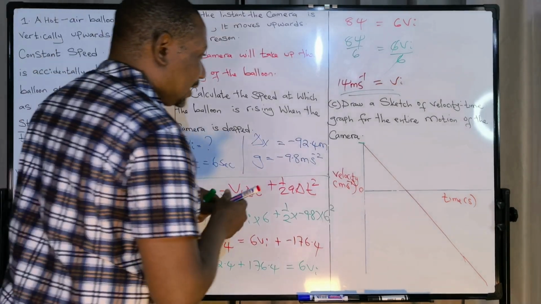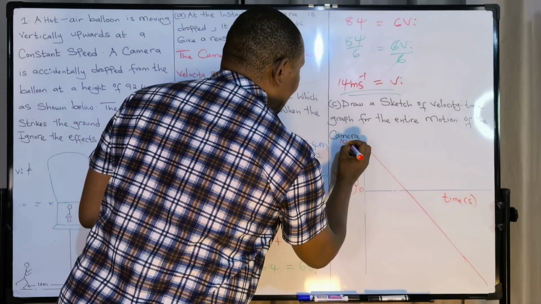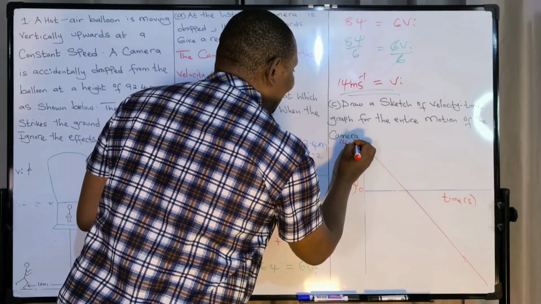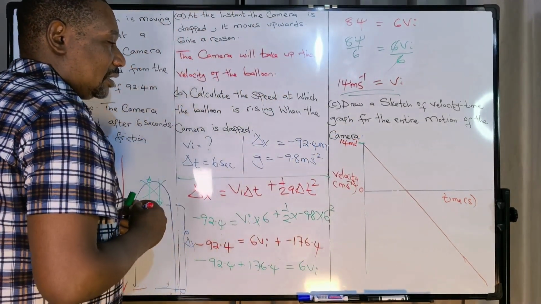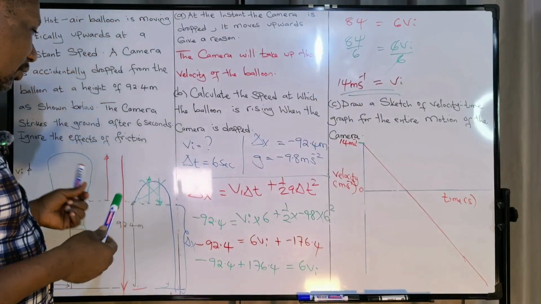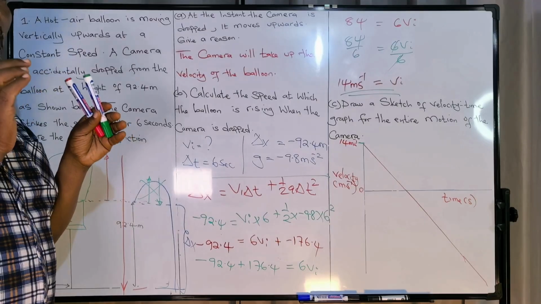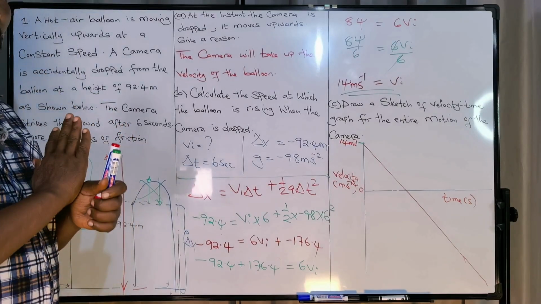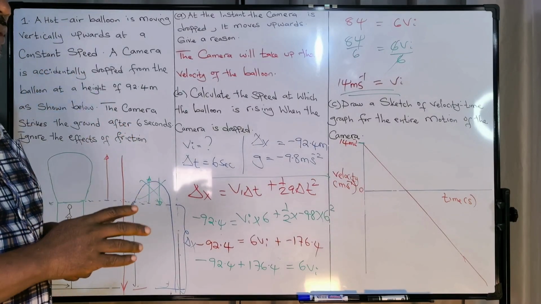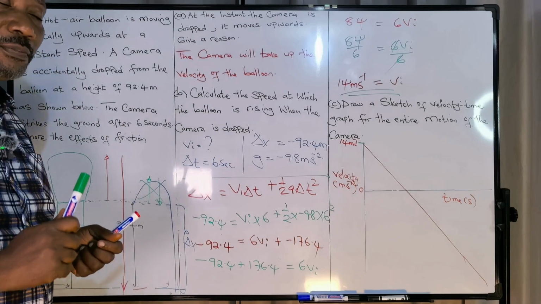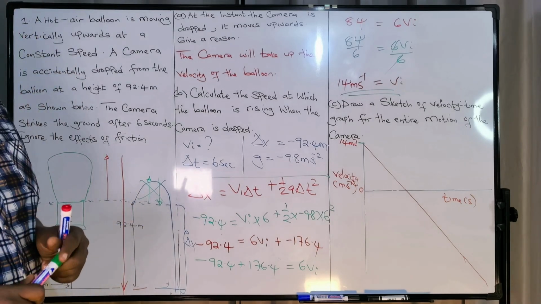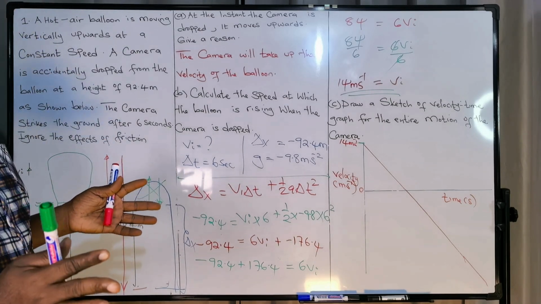So the number here is going to be 14 meters per second. And what else do we have? We have the time of projection, the time to cover the entire motion, from the point of projection till it strikes the ground, and that is 6 seconds.